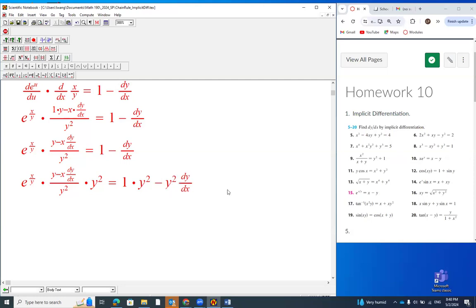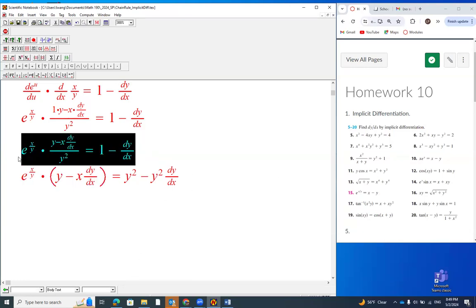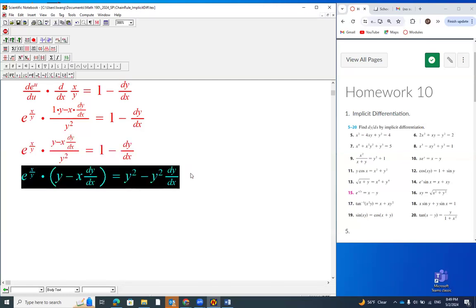We can remove the dot. 1 times y squared is just y squared, and we can just remove the y squared from that expression. But here you can see we must have parentheses. So from this step, we multiplied both sides by y squared, and we got this.